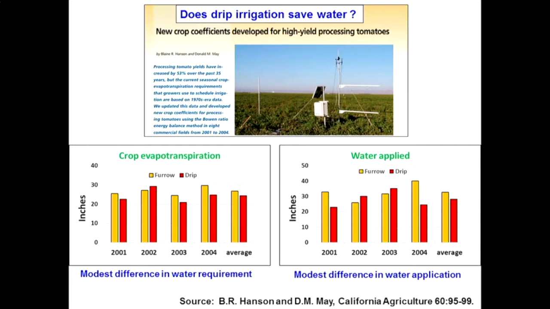The same amount of water, the same ET rates were needed whether it was lower yielding or higher yielding. It didn't make that difference. So we're getting increased water use efficiency out of this system with this drip tape.